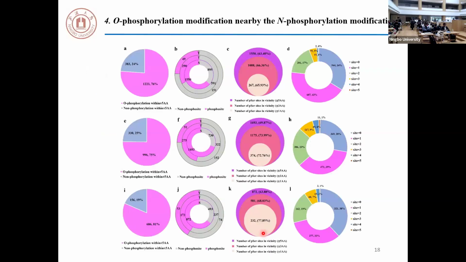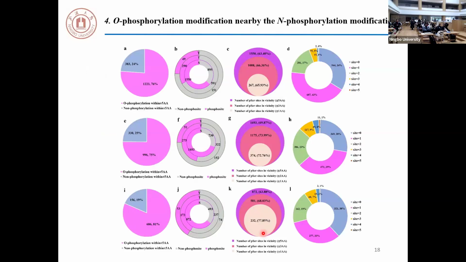Previously, we observed that serine is enriched near the nitrogen phosphorylation site, so we further analyzed the phosphorylation state of these serines. We found that over 60% of the serines also undergo phosphorylation.